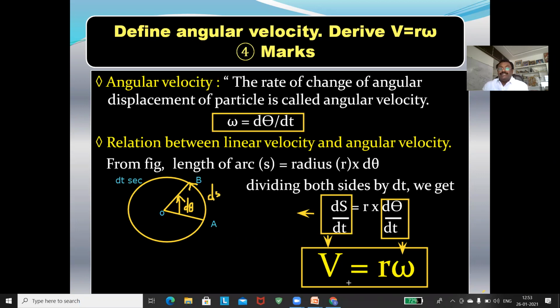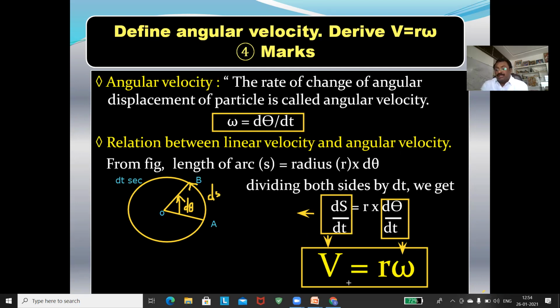Here linear velocity depends upon the radius of the circular path. That is why the linear velocity of all the particles of the rigid body is not the same. The particles which are nearer to the axis of rotation have lesser linear velocity.